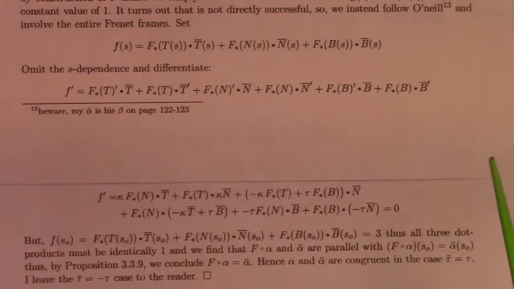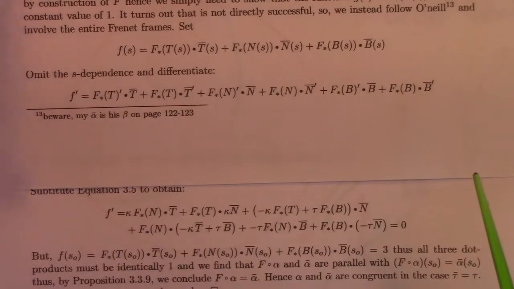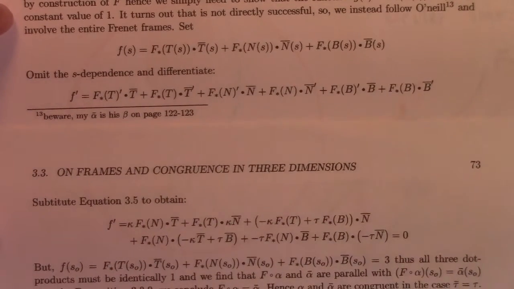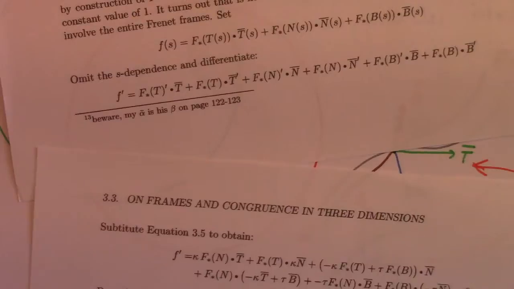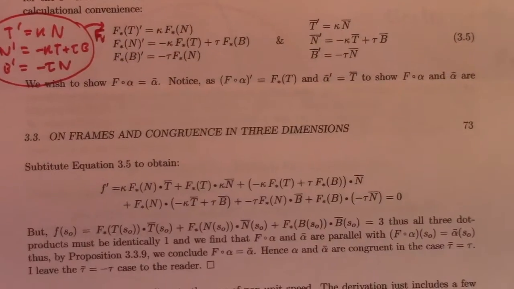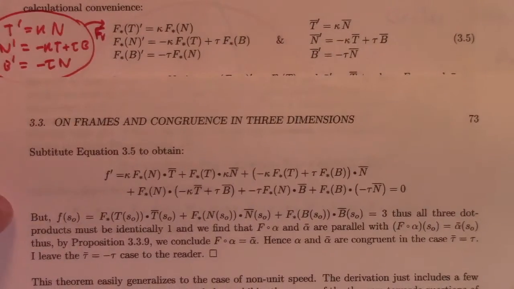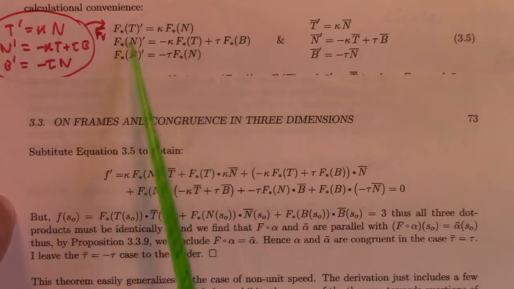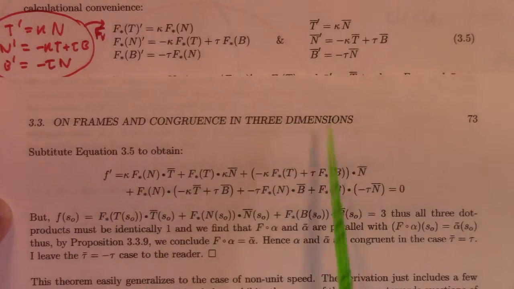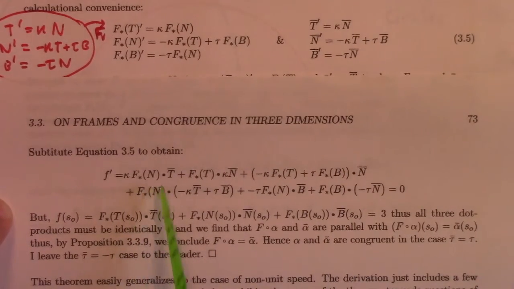Let's see here if I can get it. Simplifying by equation 3.5, if I can get both on the same page, yeah, I got them. So take these and plug these into that product rule for f, and we get dot products of the push forward of T, n and B with n bar, t bar, and n bar.